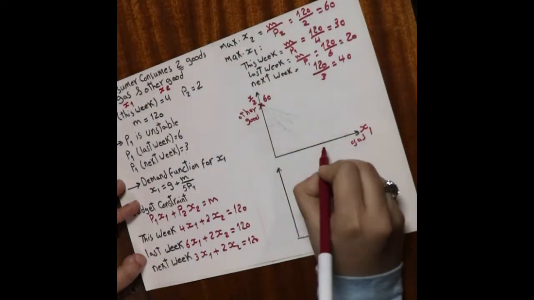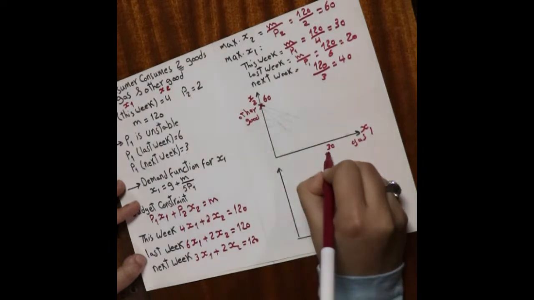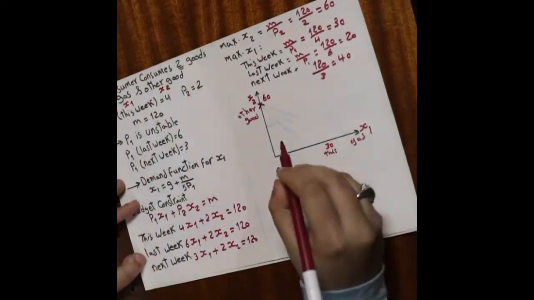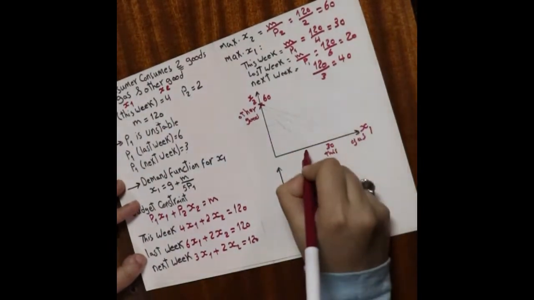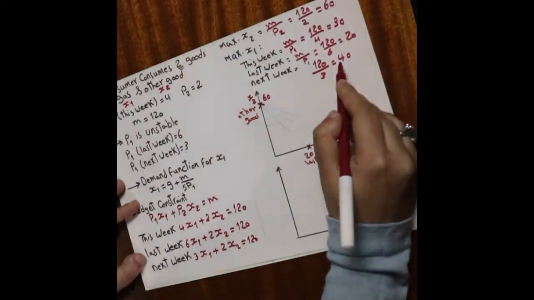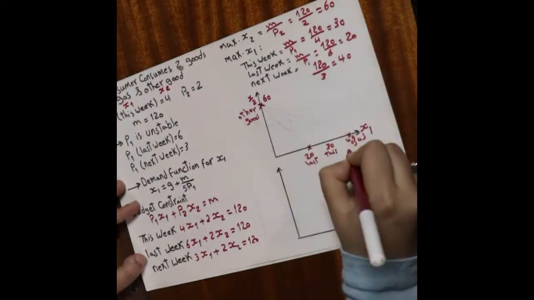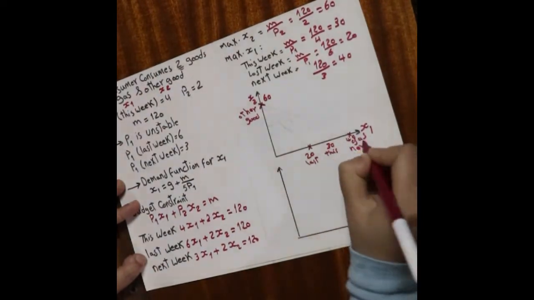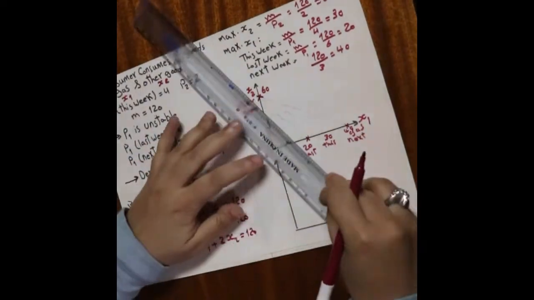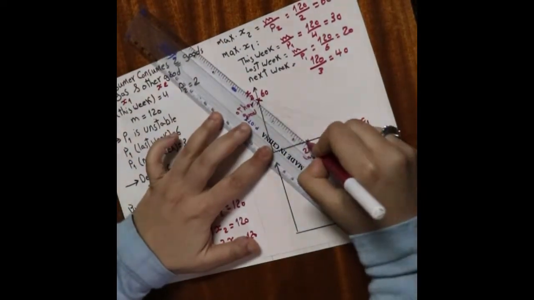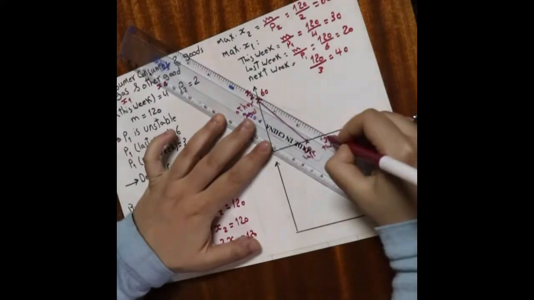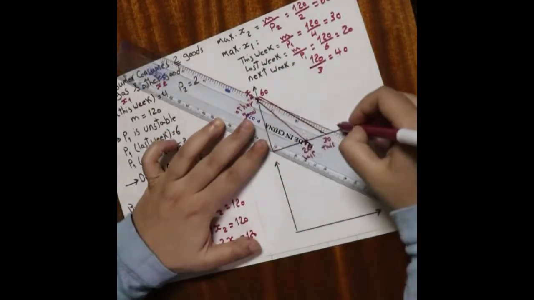This week the value is 30 here. Last week the value is 20 here. Next week the value will be here, which is 40. And I will draw the straight line, which is the budget line.